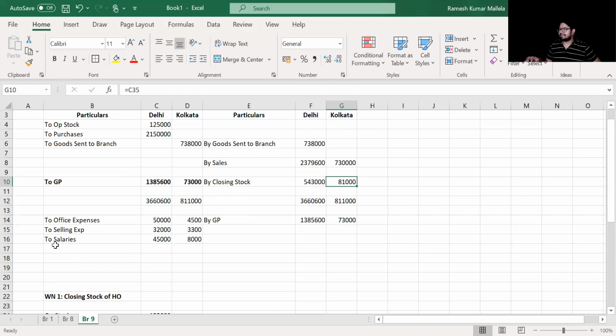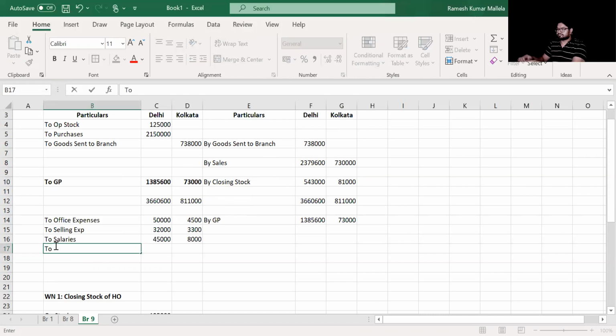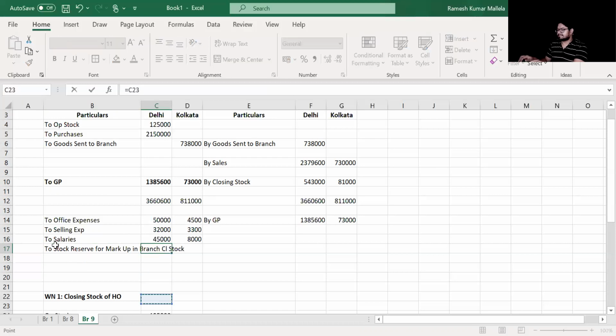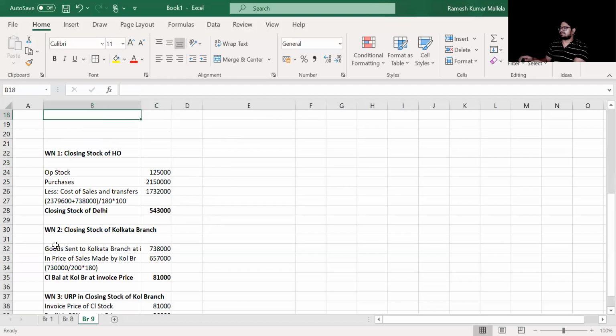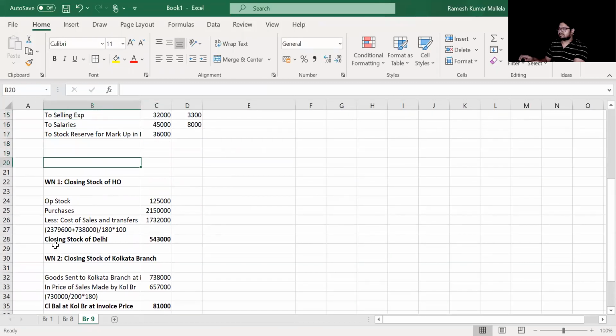Hence, I'll have to eliminate it in head office books. Okay. So, to stock reserve for markup in branch closing stock, it is 36,000.